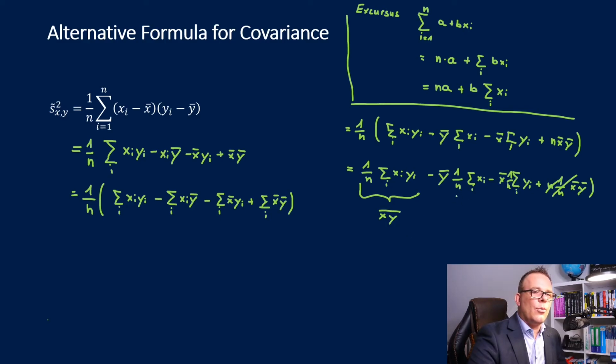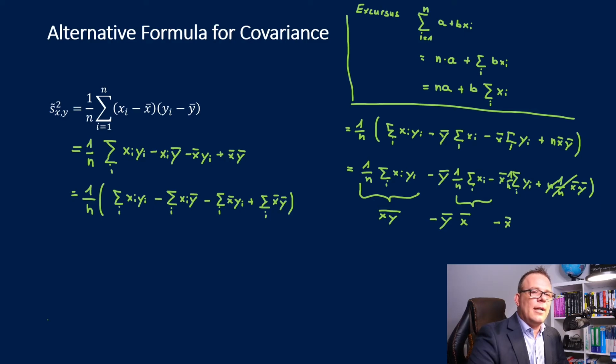Again, here we have an arithmetic mean, but we have to keep in mind the epsilon bar, and this is obviously the arithmetic mean across all x. So it is x bar. Don't mix this up. X epsilon bar is something different than epsilon bar times x bar. Okay, that's important to know.